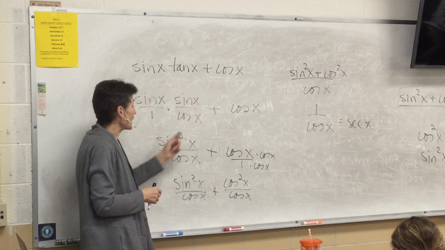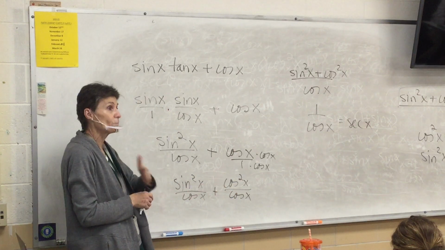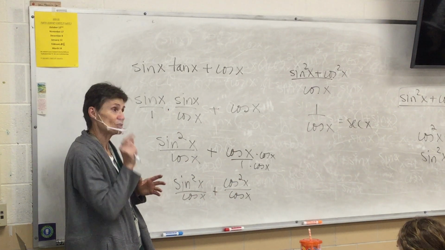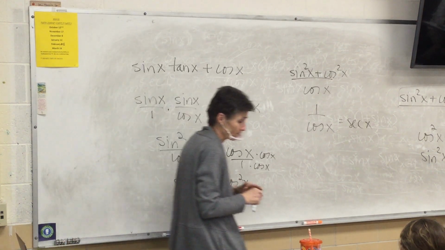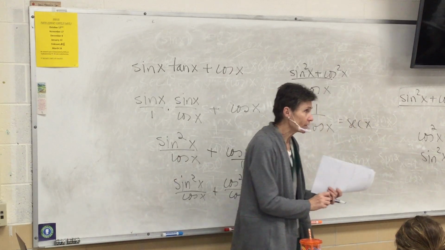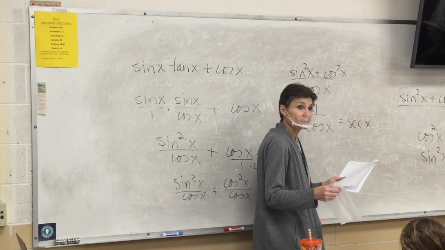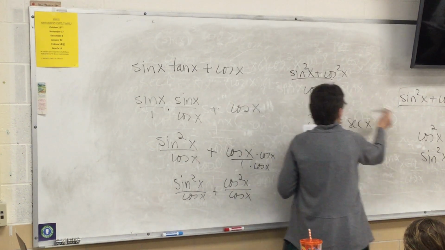And then I had fractions and could get a common denominator, and then I knew where to go from there. But in the beginning, a lot of times you should take a stab at it. A kid in the honors class the other day said, is it sort of like throwing stuff at the wall and seeing what sticks? Yeah. You just try something, and sometimes it works and sometimes it doesn't.